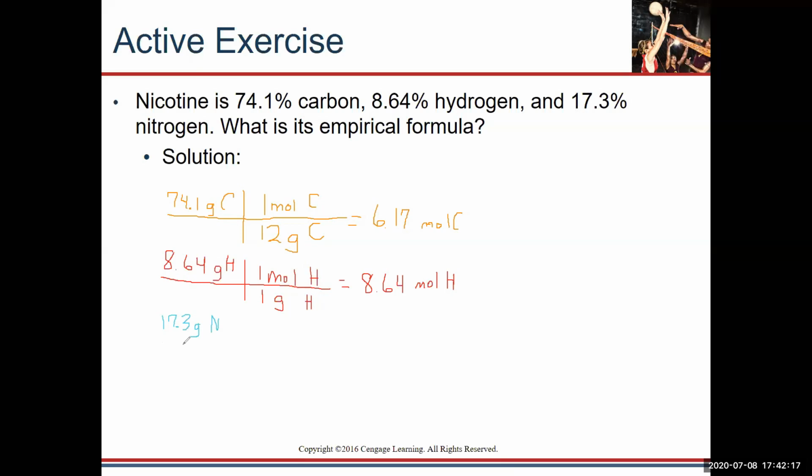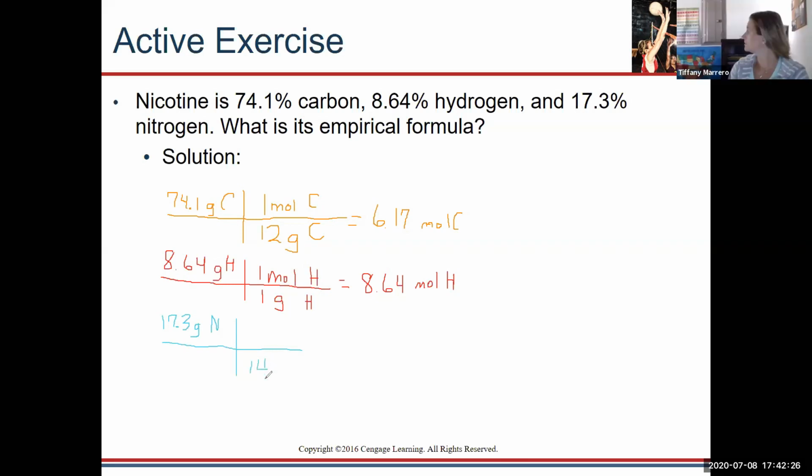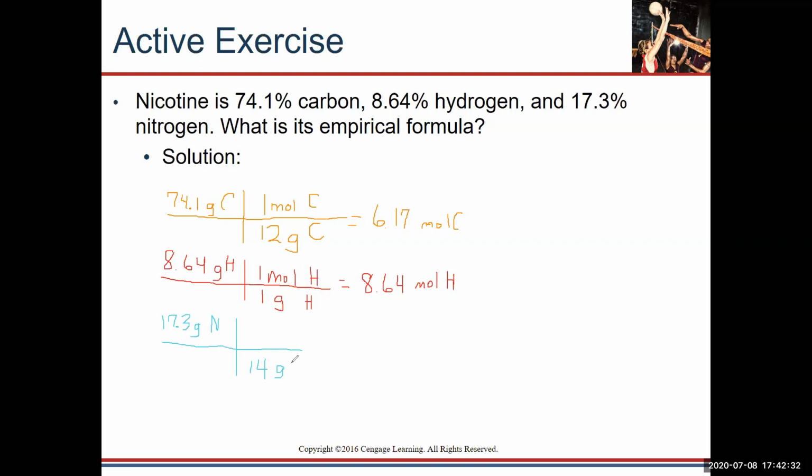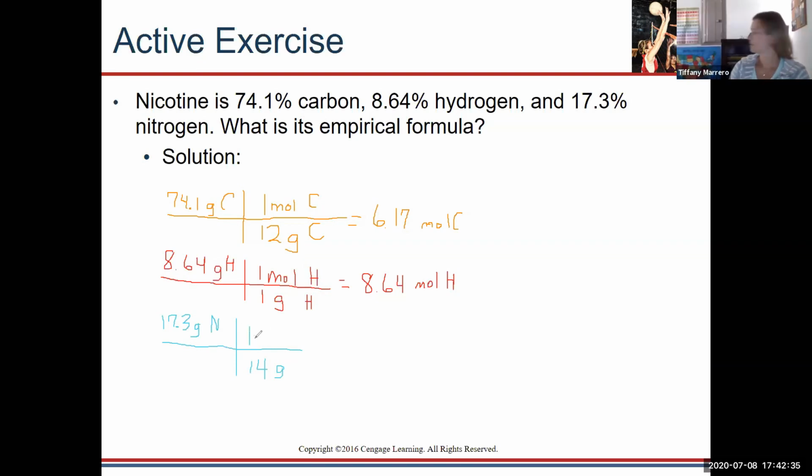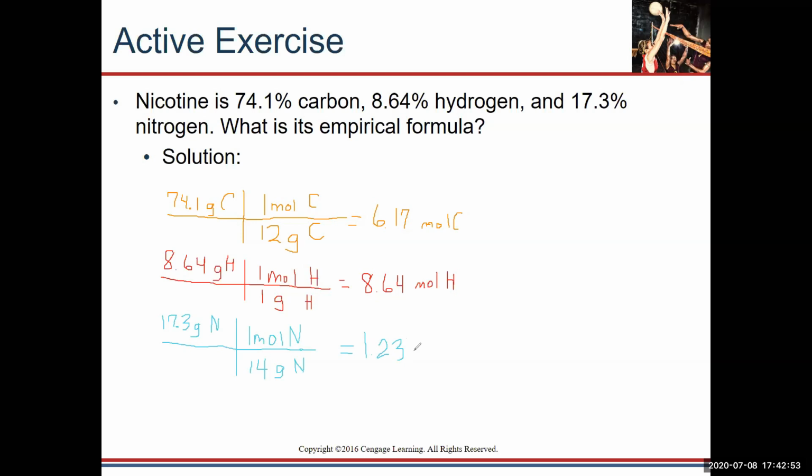And then the last one, you do the same thing, but you divide it by 14. And then that's 1.23. So now you divide all the numbers by 1.23 since it's the smallest, right? That is correct.